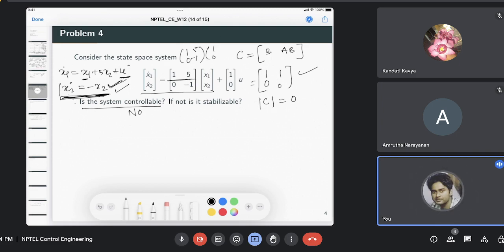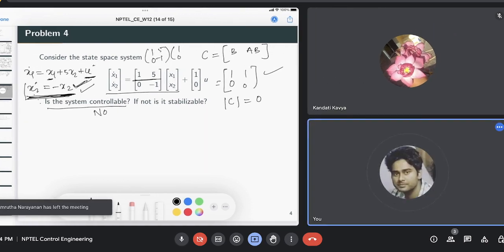So for an uncontrollable system, what is the condition needed? If the uncontrollable modes are stable, then you don't have to make any changes there. But if some modes are unstable, then you have to drive those to 0 using the control. So if the unstable modes are controllable and the uncontrollable modes are stable, then your system is stabilizable.